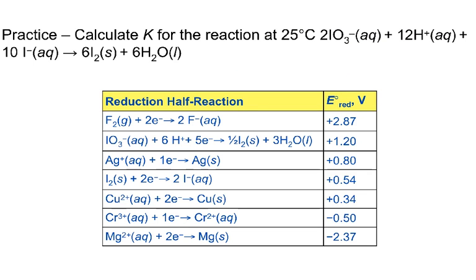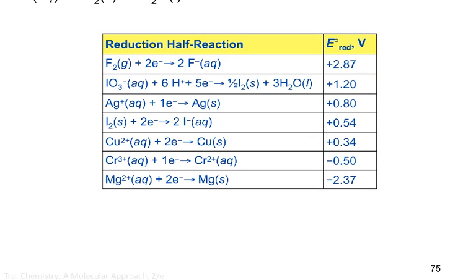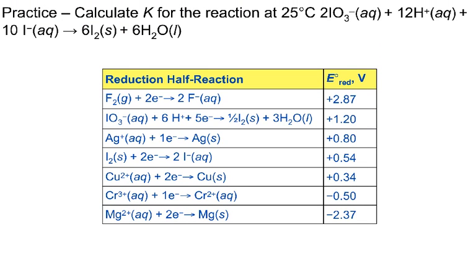One more practice. Again, I would recommend pausing and checking this. Here we have the reduction potentials on the slide, which is helpful. So we're looking at this one and this one again, which gets us our cell potential. We've looked at this reaction a couple times, and it is 0.66.